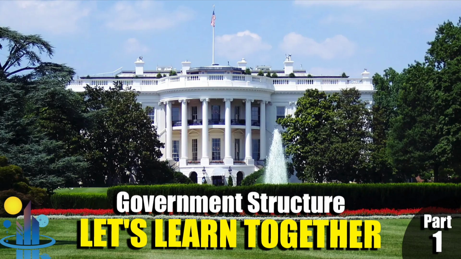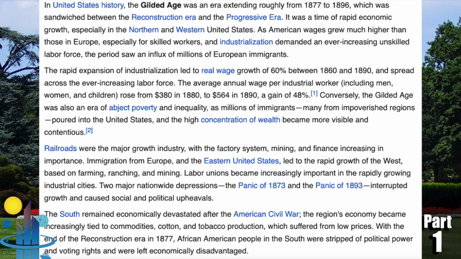And so it started during the Gilded Age, which was back in 1877. And there was a lot of corruption, whereas presidents were essentially giving their friends and people that were donating money to them positions of power.